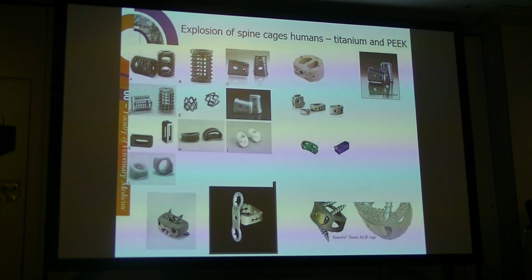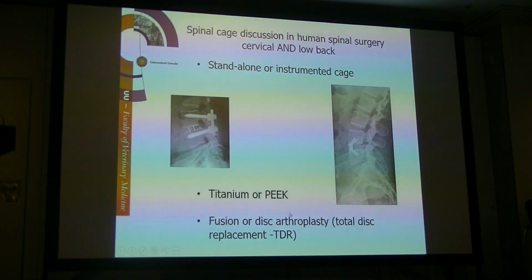Big cages, small cages, collar cages, this is titanium. Cages with screws, and so a lot of modifications. Cages with a plate. And they are used in the cervical spine and in the low back in humans. And they are used standalone or protected by instrumentation.